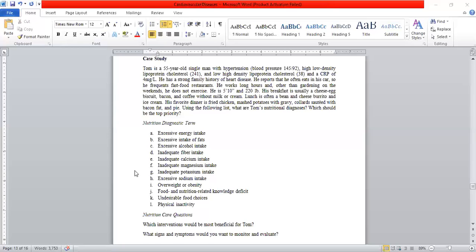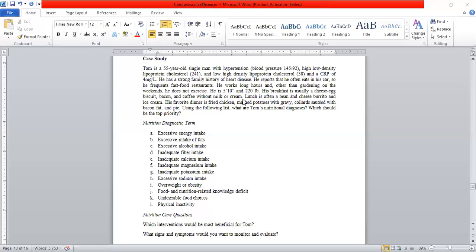Then another problem, you can say it is overweight or obesity. It depends on your interpretation of the BMI. Like I've said, remember, Sarah, we have said that you will do all this calculation of the BMI and interpret whether he is obese or overweight or normal.